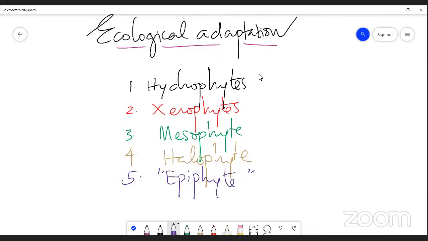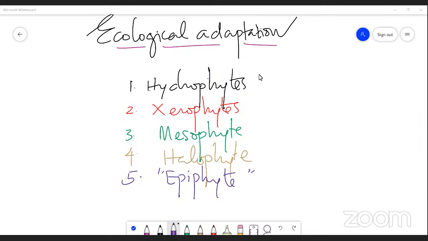In those organs there is a modification in order to grow and survive in a particular environment. That is called ecological adaptation. It is essential for an organism to exist under a prevailing habitat or condition.